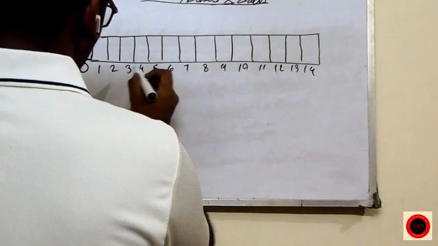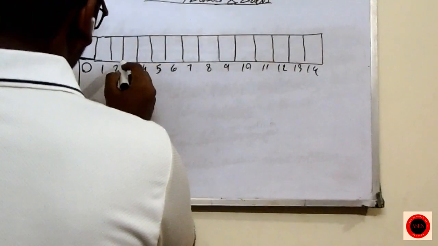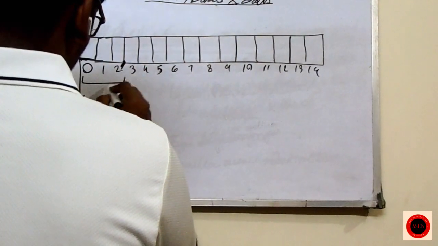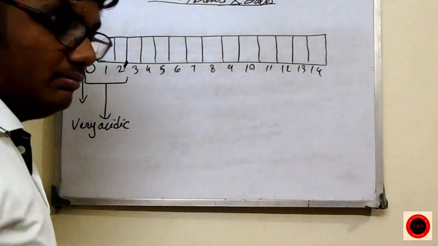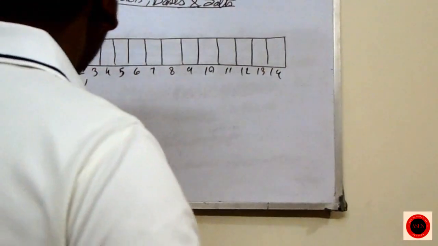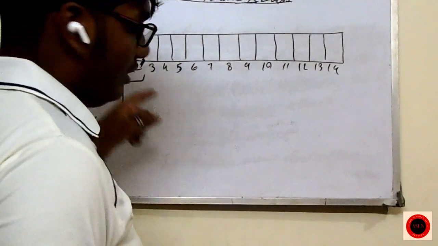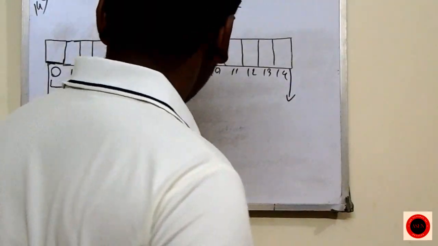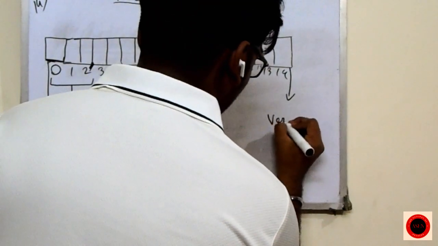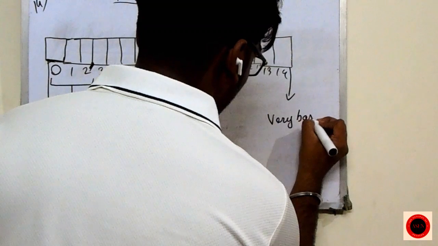Okay, so 0, 1, 2, 3, this is very acidic. 0 is the topmost acidic level and 14 is the topmost basic level, that is very basic.